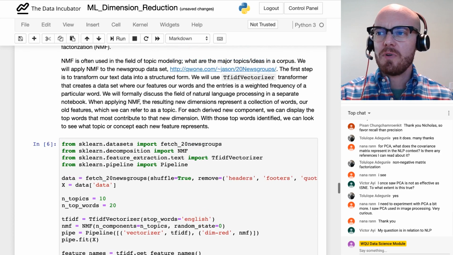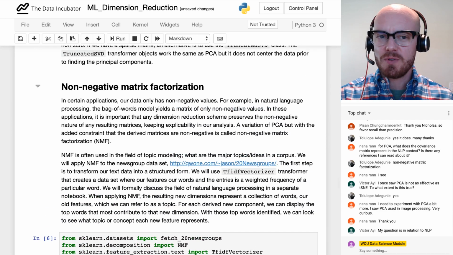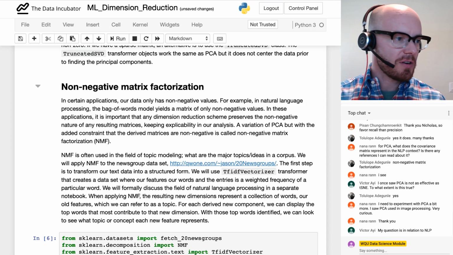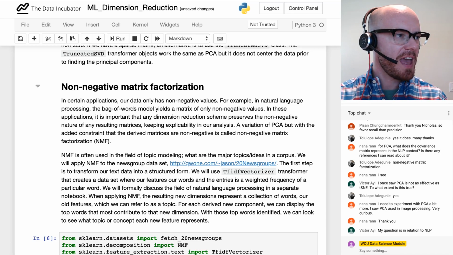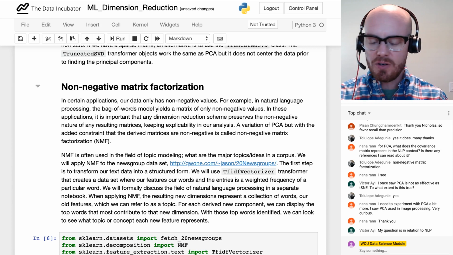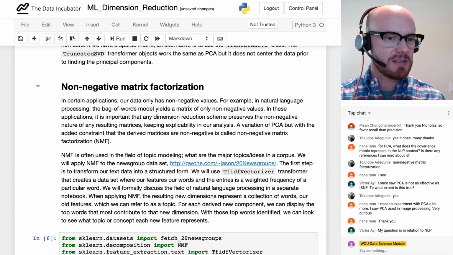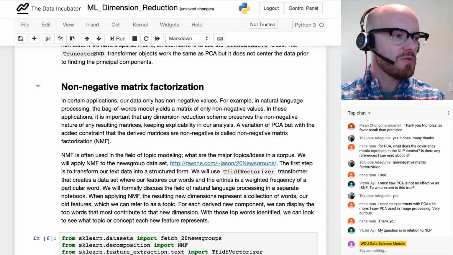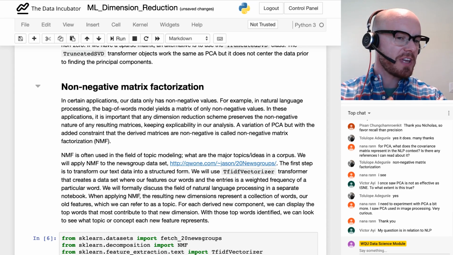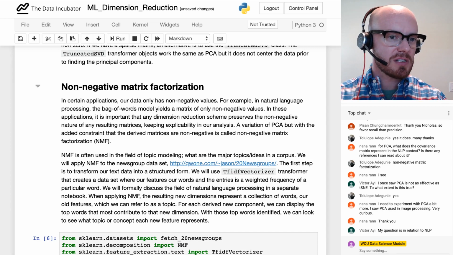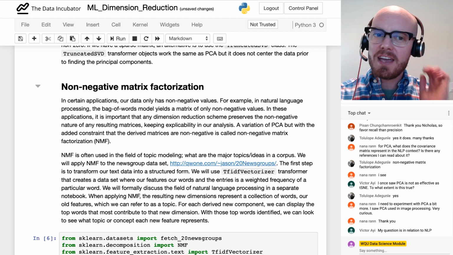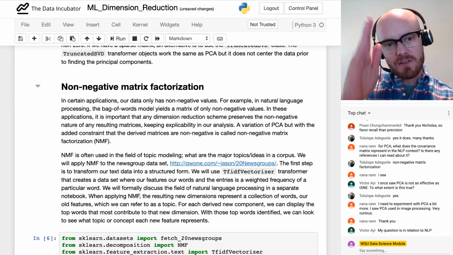I think the important thing to remember about non-negative matrix factorization is that when PCA is looking to create these new dimensions that take into account similar dimensions, sometimes you'll end up with negative values in your feature matrix.